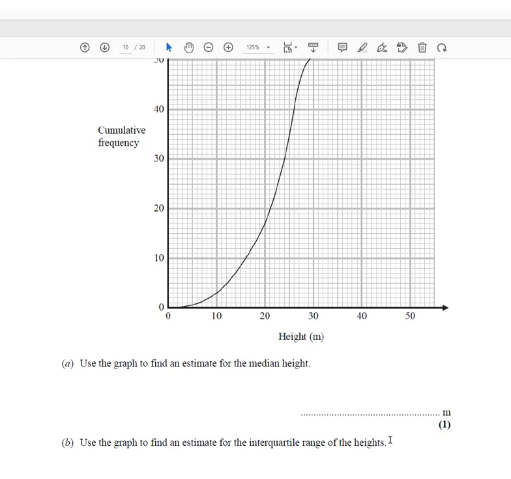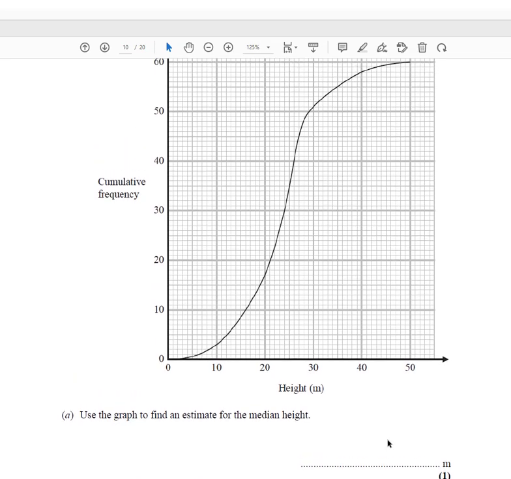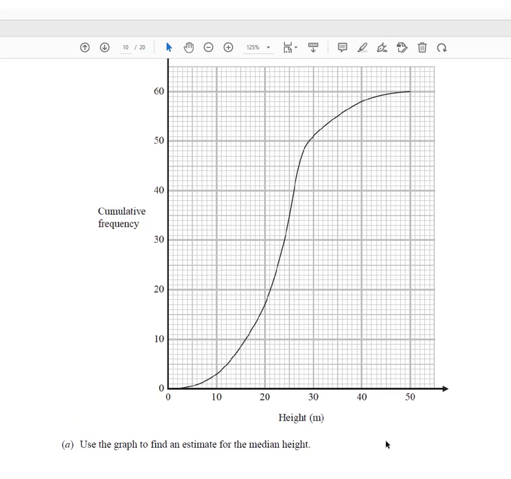Use the graph to find an estimate for the interquartile range of the heights. Okay, will you find the quartiles in the same way? Only, what do quartiles do? They cut the numbers in half. No, they don't, in quarters. So rather than doing half of 60, what's a quarter of 60? Okay, read across, read down. That will be your lower quartile. What will the upper quartile be? That will be 3/4 of 60.